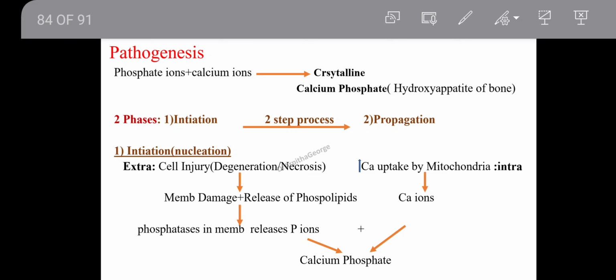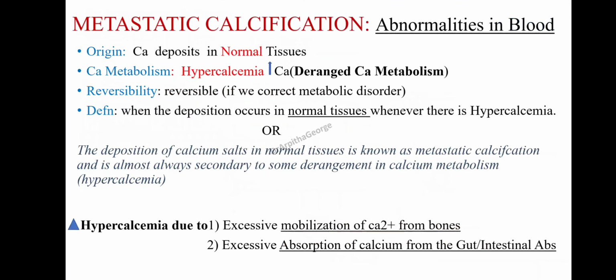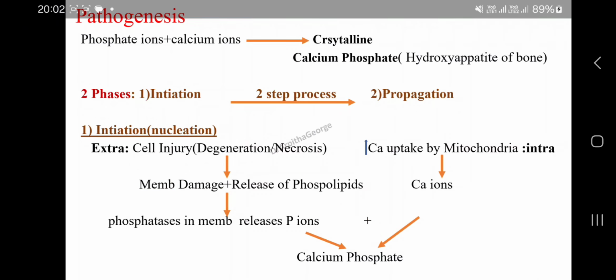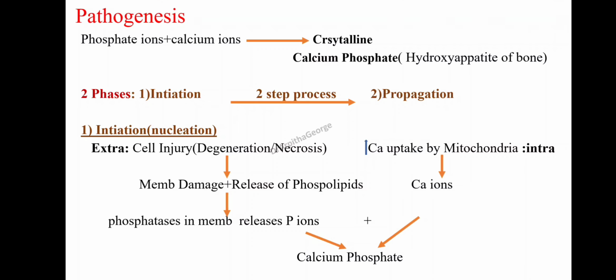So what happened? Suppose we'll just see this. The tissue here is already dead, right? In the dead tissue the membrane damage will be there, and this damaged membrane will release the phospholipids.